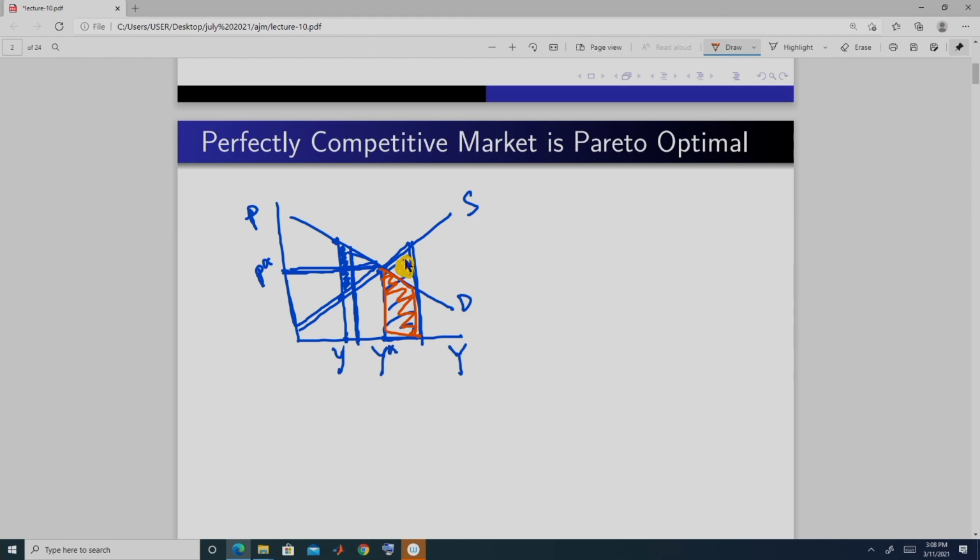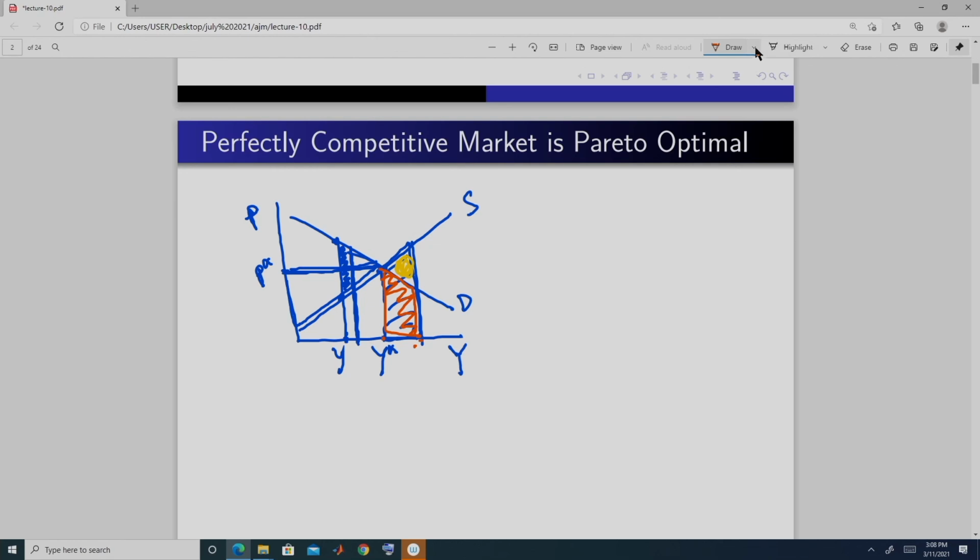So this is the loss that they are going to make. So that is why to produce more than y star, and suppose it is this, it is not Pareto optimal. You cannot make anyone better off without hurting anyone.